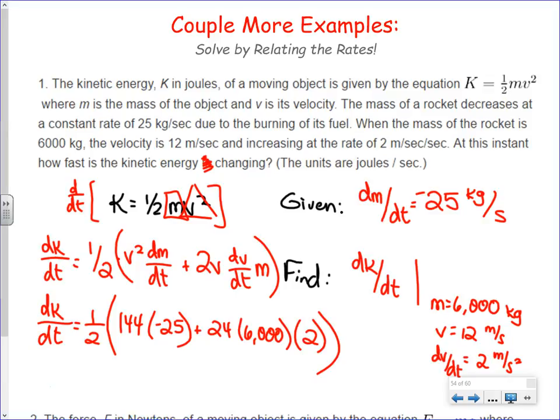Yeah, but I think that's kilograms meters per second squared. Say it one more time? Kilograms meters squared per second cubed? Wait, no. I have kilograms times meters per second times meters per second squared, so I have kilograms meters squared per second cubed.